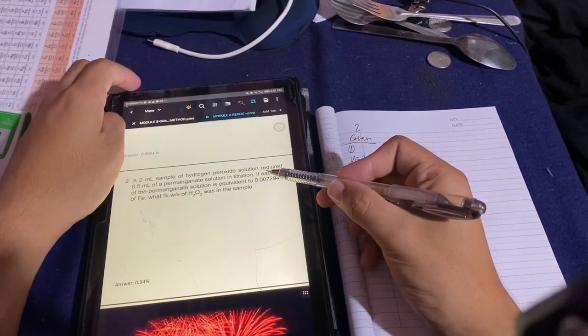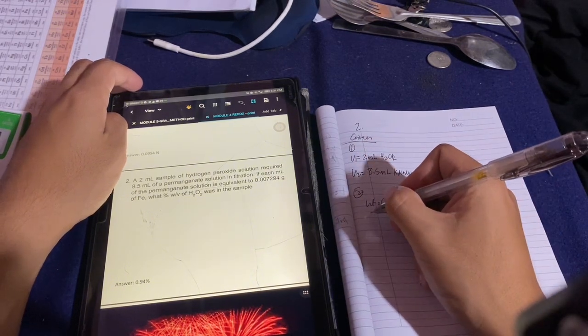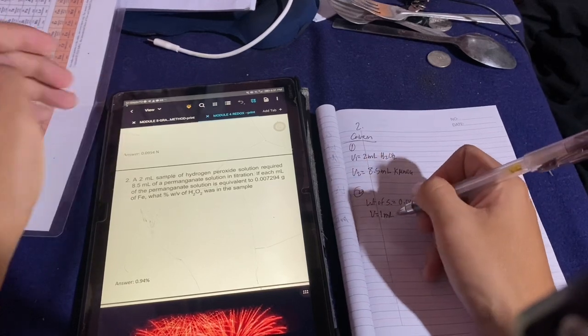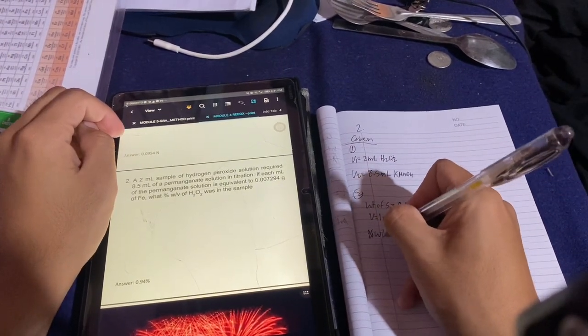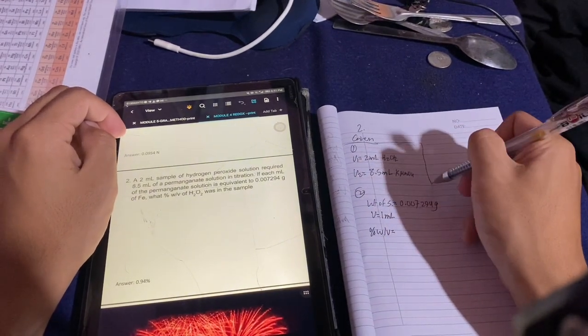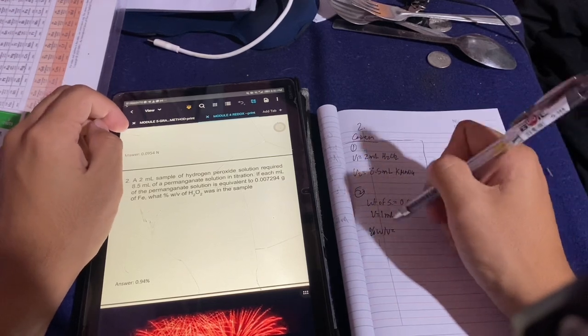It also says each ml of the permanganate, so the volume is equal to 1 ml. So the question is, what is the percentage weight over volume? This question is a little complicated, but we can answer it. So let's start with this first.